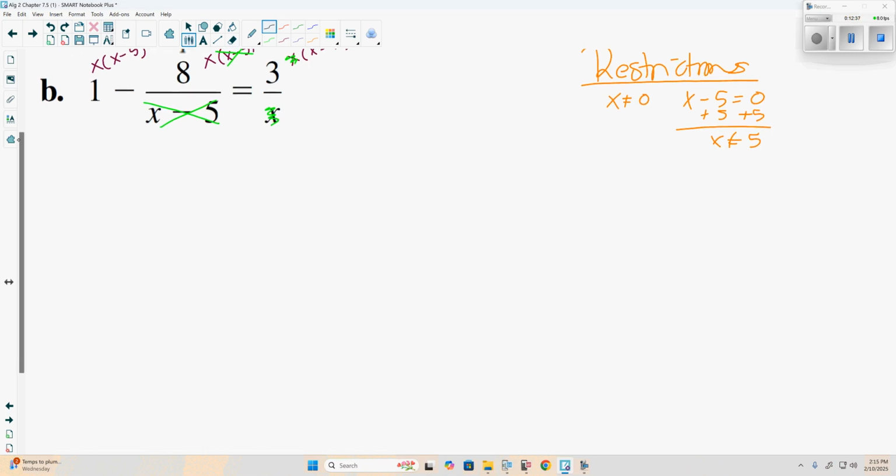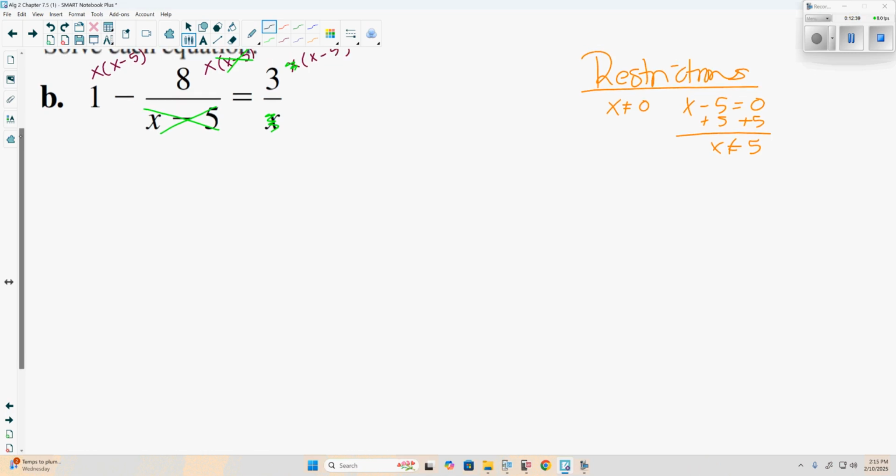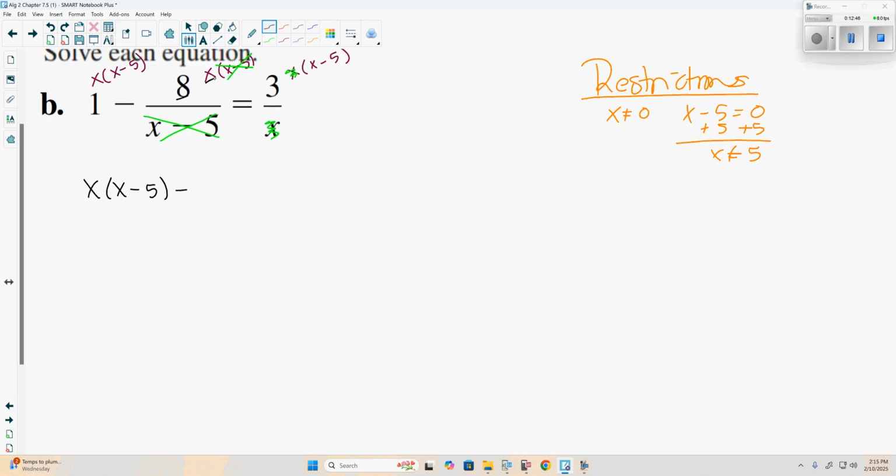So we finish multiplying through. Well, 1 times x minus 5 is x times x minus 5. Minus our 8 times x, which will give us minus 8x times 3 is equal to 3 times x minus 5.